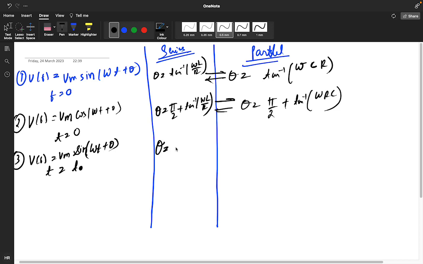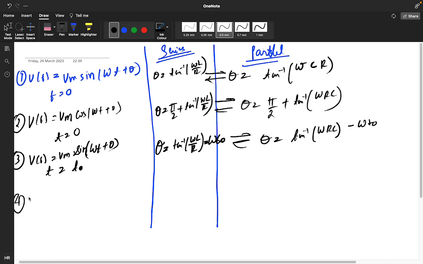Theta should be equal to tan inverse omega L by R minus omega t naught, and in this case theta should be equal to tan inverse omega RC minus omega t naught.